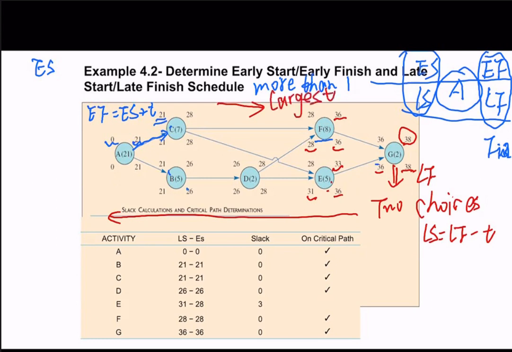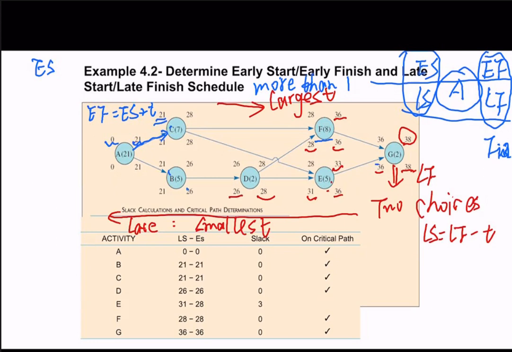But when we calculate the late time, we always need the smallest one. So if you have more than one choice for D, if you have 28 and 31, then choose 28, the smaller one, and use 28 minus 2, which gives 26.